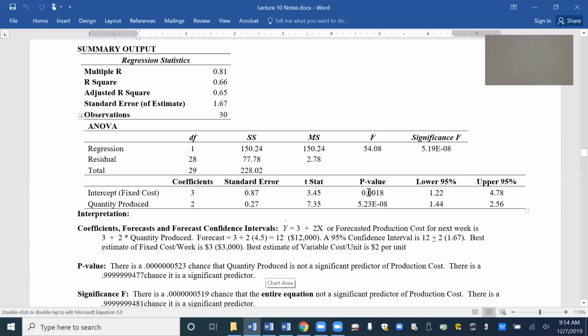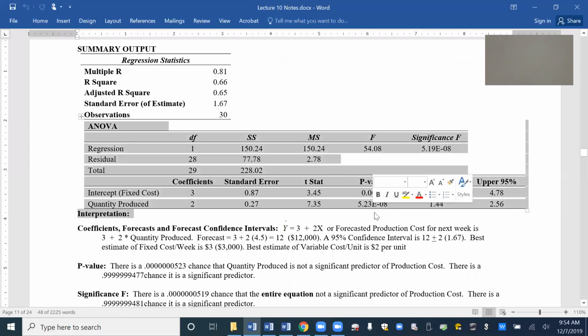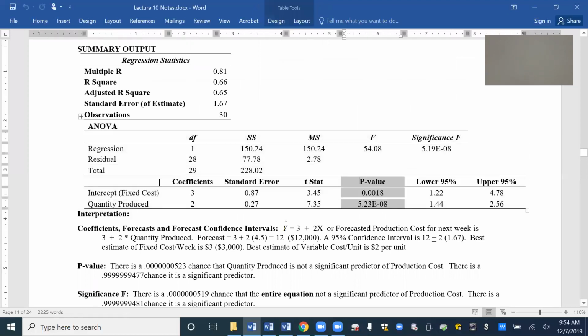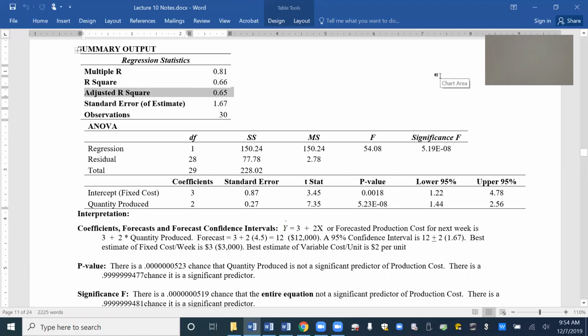But in here, the p-value, gotta know that. Gotta know what the coefficients mean. You gotta know the standard error. If I do a confidence interval, I'll use that. And then the last thing I want you to know is the adjusted R-squared. The adjusted R-squared is a ranking mechanism of how good an estimator we have.